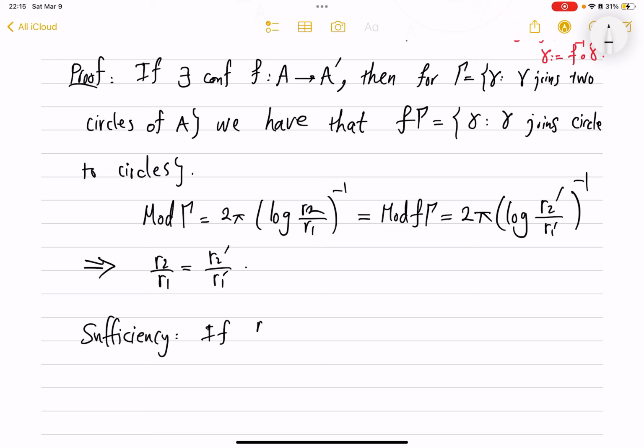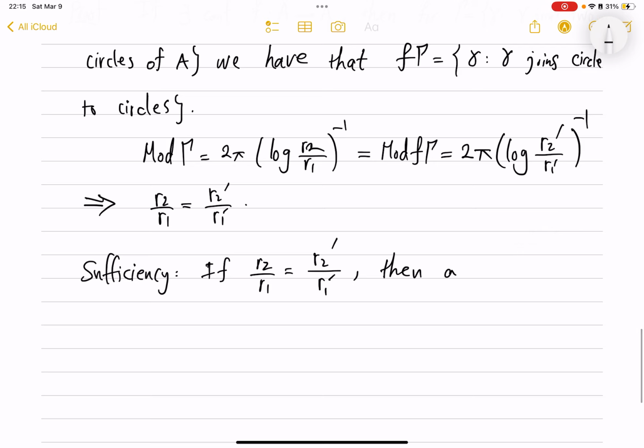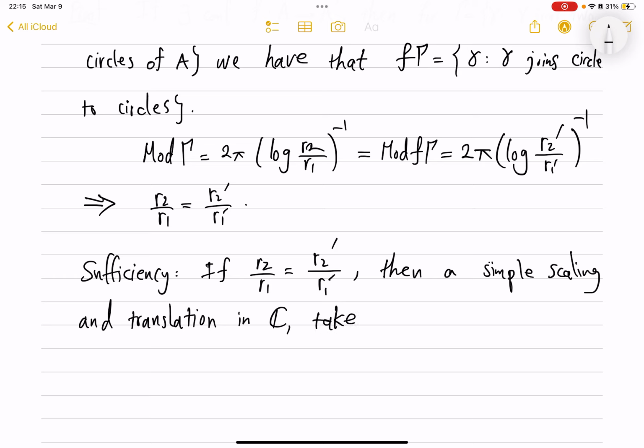if r2 over r1 is equal to r2 prime over r1 prime, then a simple scaling and translation in C takes A to A prime.